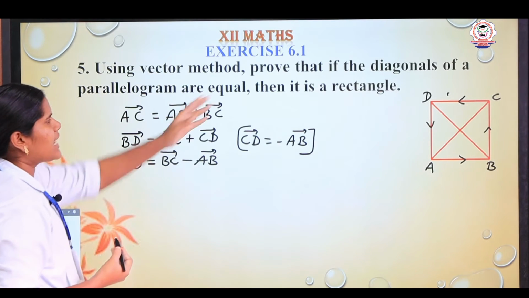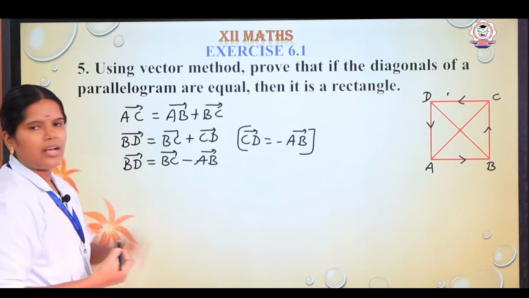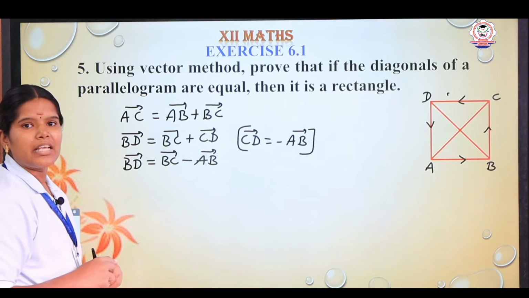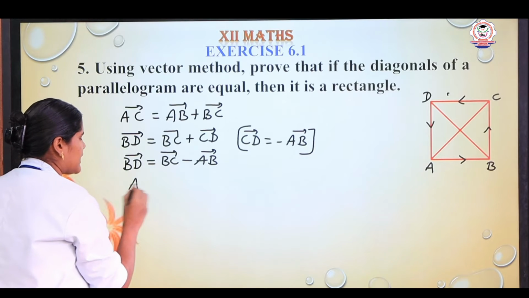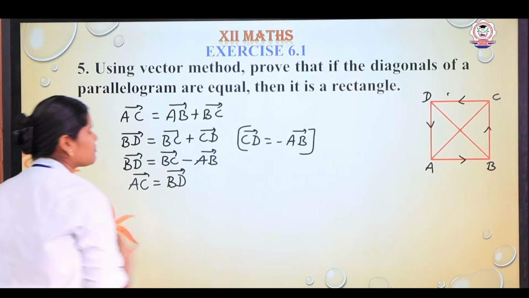In the given statement, the diagonals of a parallelogram are equal, so we have two diagonals, AC and BD. Now we are going to equate these two diagonals. So AC vector is equal to BD vector.